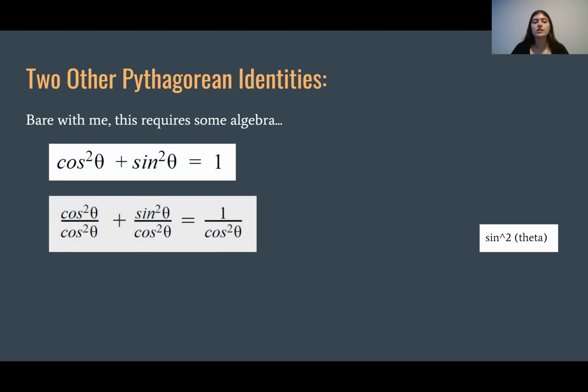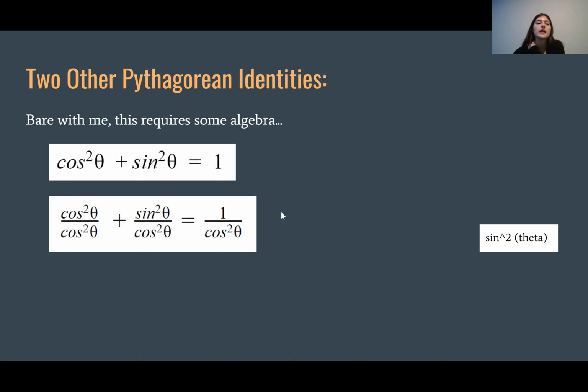What we're going to do is turn these into fractions. Not really, we're just turning them all into fractions. We're dividing the entire identity by cosine squared theta. Why you would do that in real life, I couldn't tell you, but to prove the next identity, this is the way you would do it.